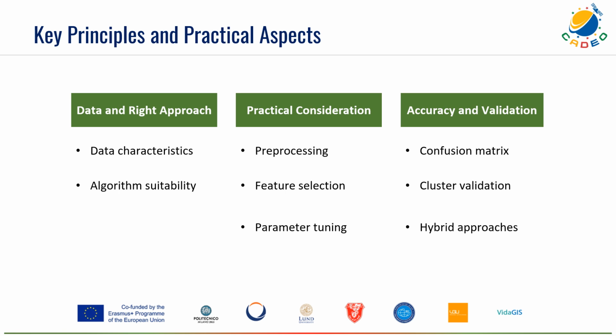For instance, if you have a labeled dataset, supervised classification is generally more effective. Conversely, if you lack labeled data or want to explore new patterns, unsupervised classification is more appropriate.